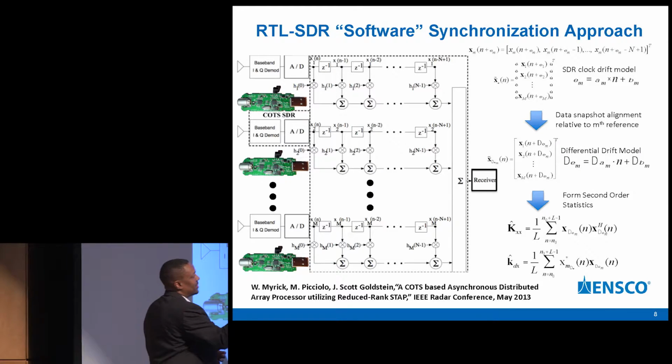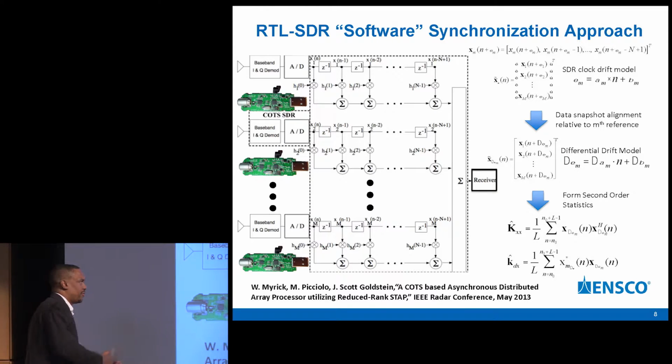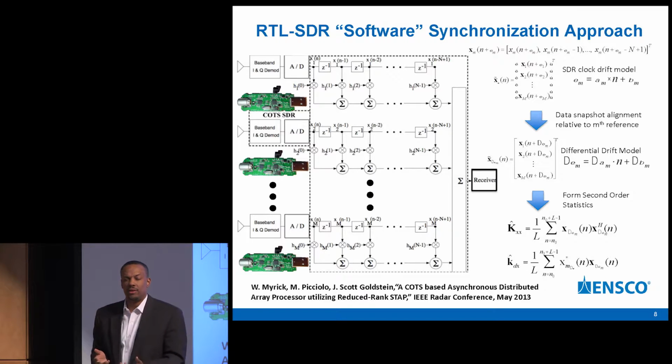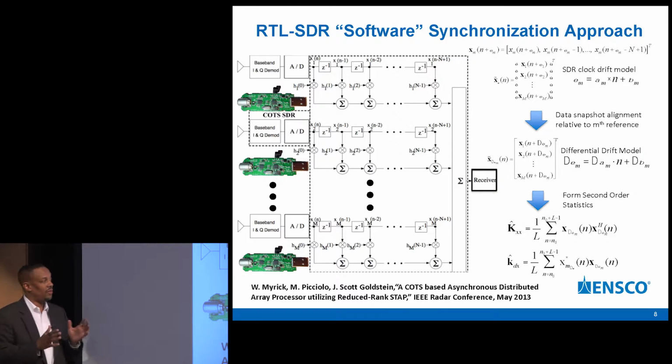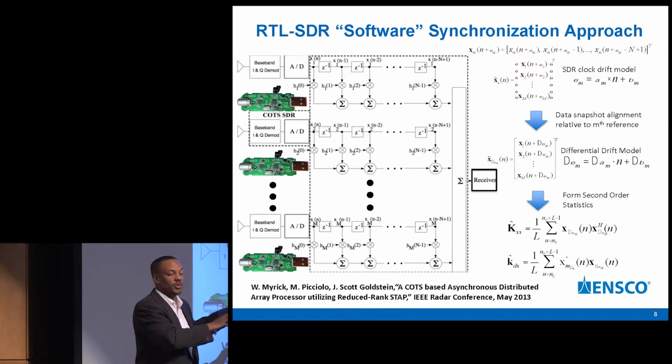And so what I looked at is I'm really just mapping, once I figure out the time offset and then once I figure out the frequency offset, I'm really looking at clock drifts. And I'm trying to figure out really the clock drift between these different SDRs. Once I can figure out the clock drifts between these different SDRs, I'm able to figure out the synchronization information I need such that there's a level of coherency associated with solving a normal Wiener filter problem that I would have in STAP.